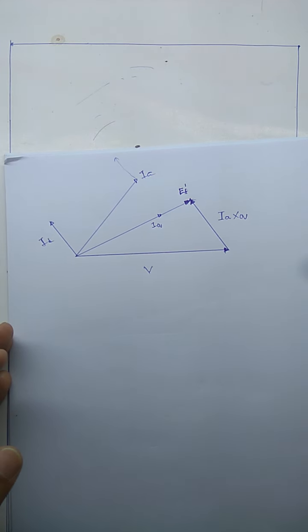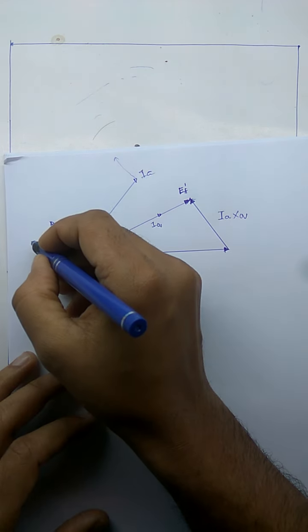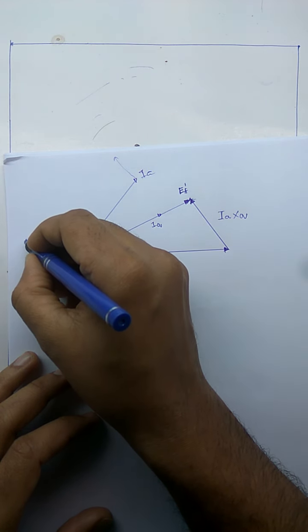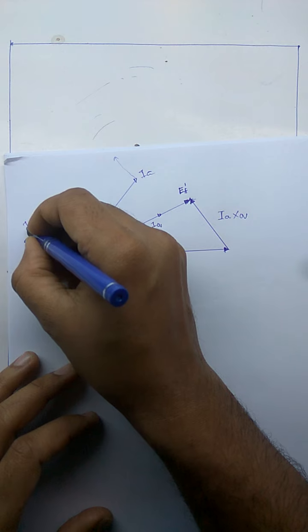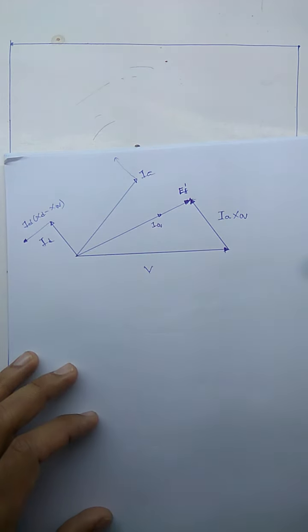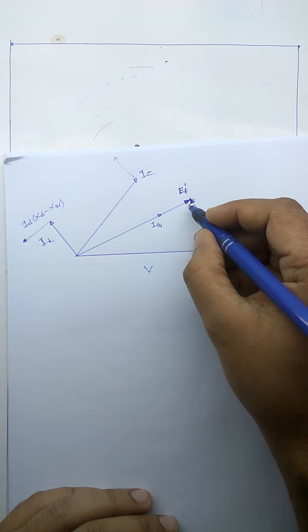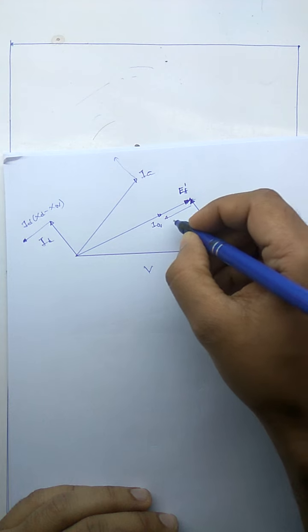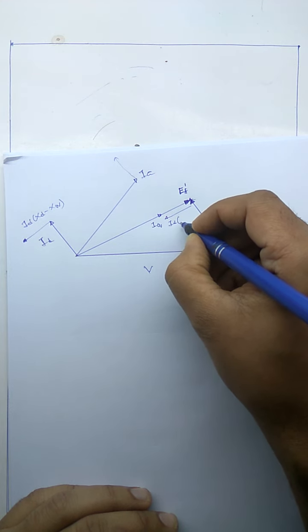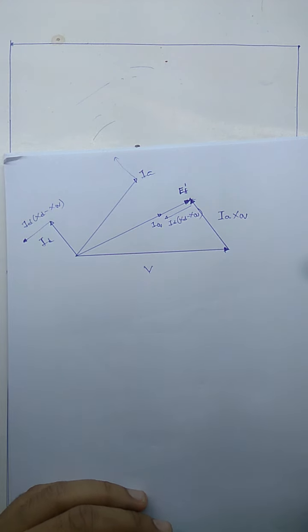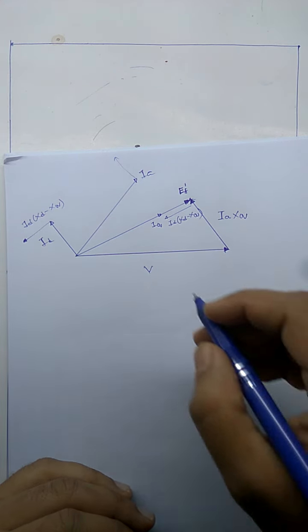So if this is ID, what will be the direction of the drop ID into XD minus XQ? It will be in this direction. So if this is my E, ID into XD minus XQ will be in this direction.